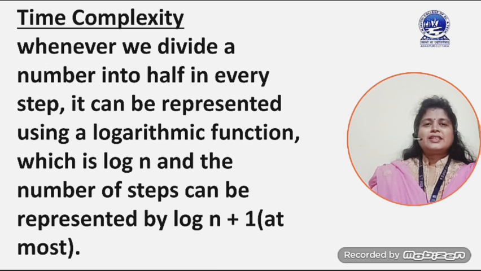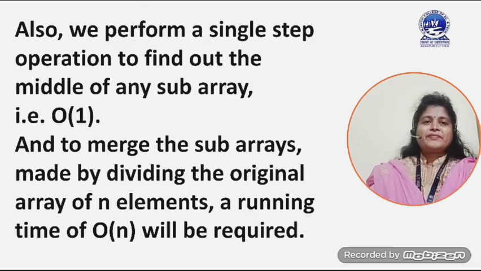Now I am going to discuss the time complexity of merge sort. Whenever we are dividing the list into half in every step, it can be represented using a logarithm function, that is log n, and the number of steps can be represented as log n plus 1.